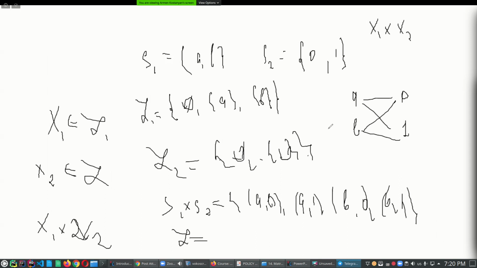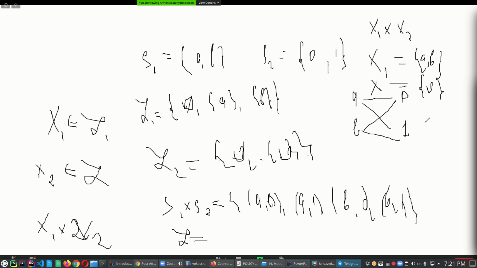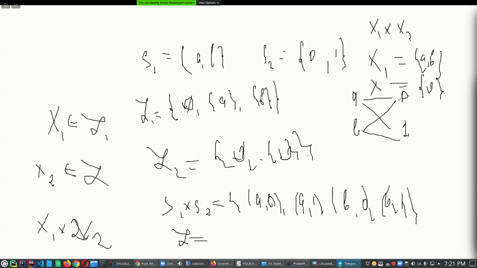Now suppose we choose x1 equal to A and B. A and B should be included in our system. And x2, let's choose equal to 0. So as a result, we get A together with 0, A together with 0 and B together with 0.